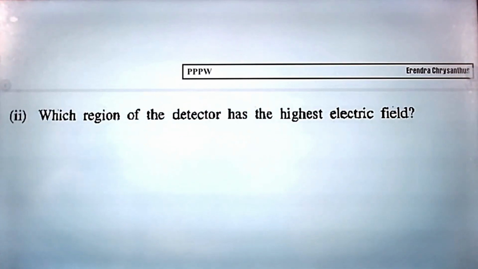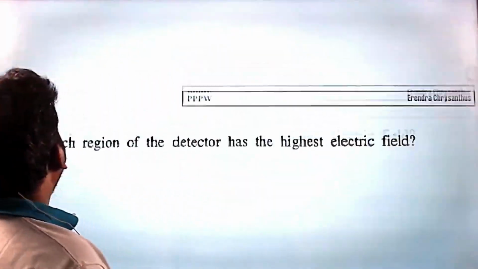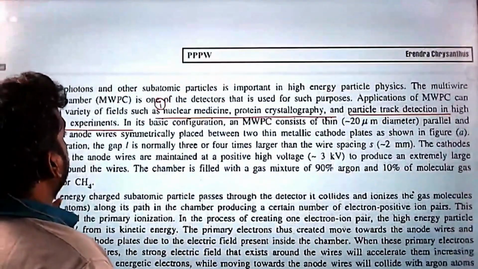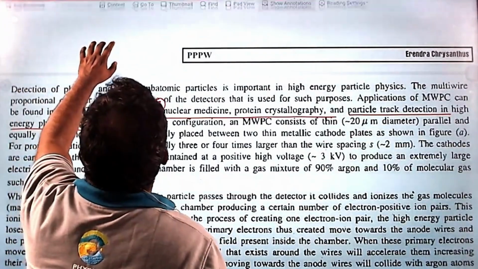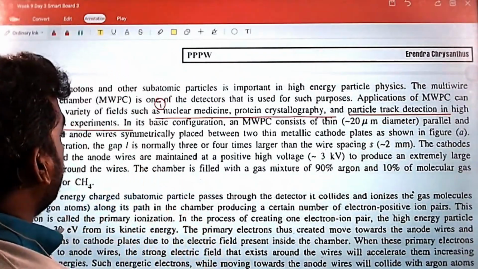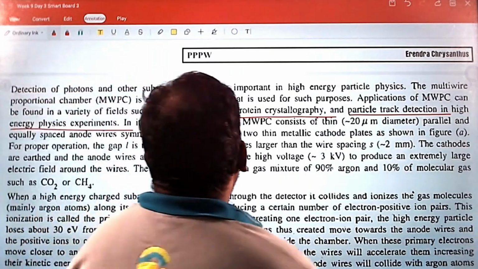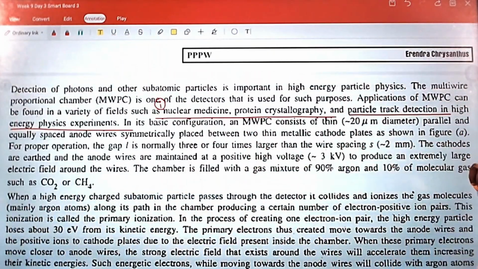Next question. Which region of the detector has high electric field? In this basic configuration, MWPC consists of thin 20 micron diameter parallel and equally spaced anode wires symmetrically placed between 2 thin metallic cathodes. For proper operation, the gap L is normally 3-4 times larger than the wire spacing. Cathodes are earthed and anodes are maintained at positive high voltage, 3 kilovolts, to produce extremely large electric fields.